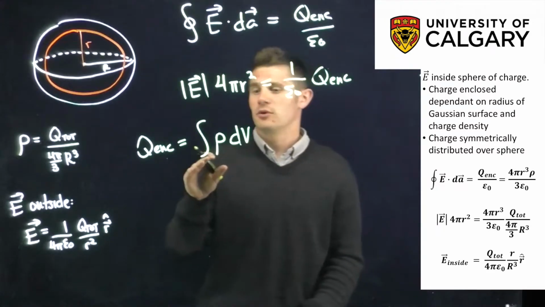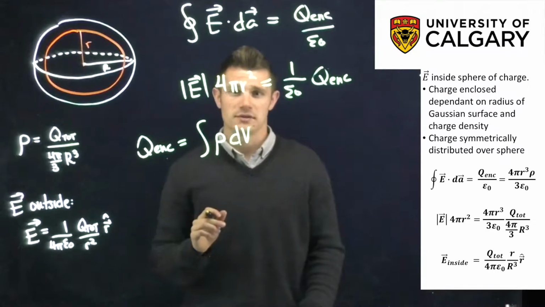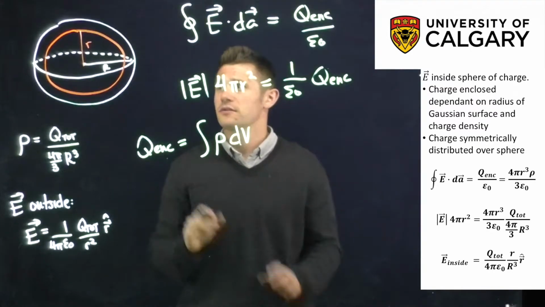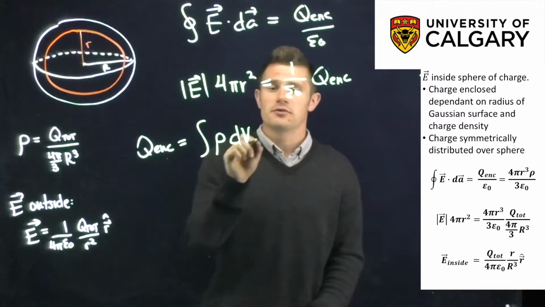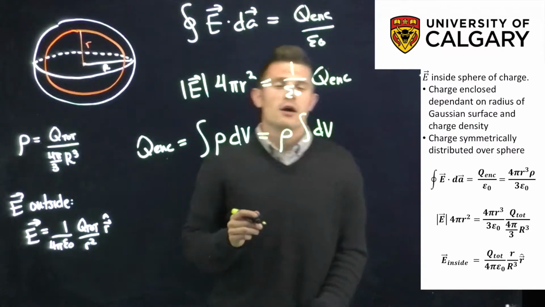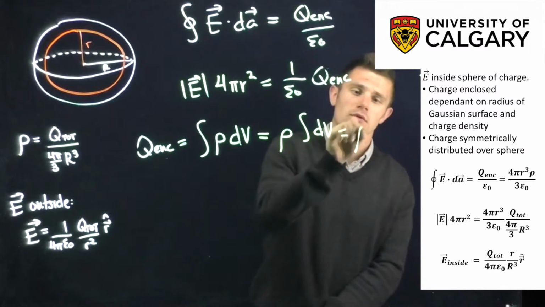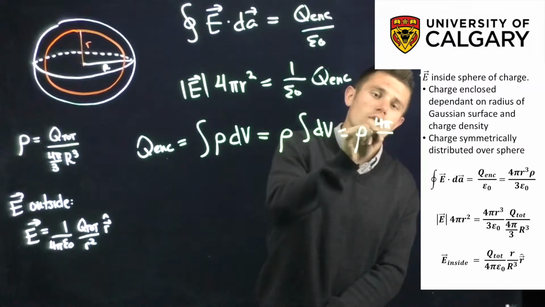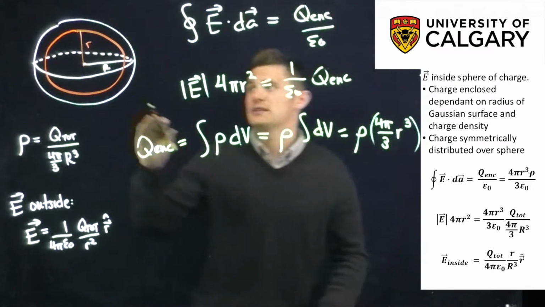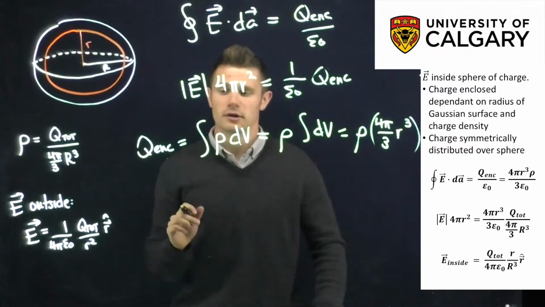Remember that the charge density is constant throughout the sphere, as this is a dense sphere of charge, so we can pull it outside the integral. Rho times the integral of dV, and this integral is simply 4 pi over 3 r cubed, where we use little r because it's the volume of our Gaussian surface with radius little r.